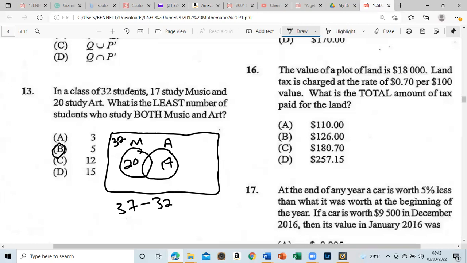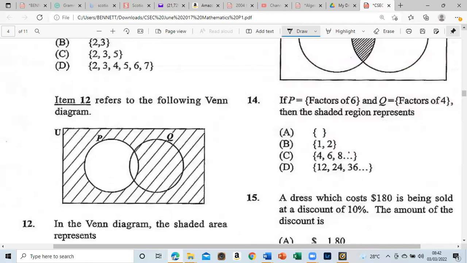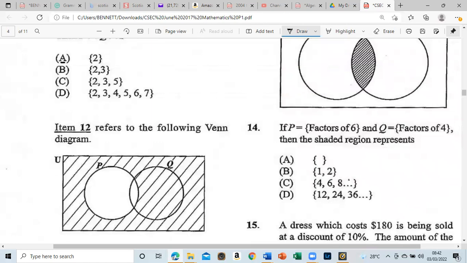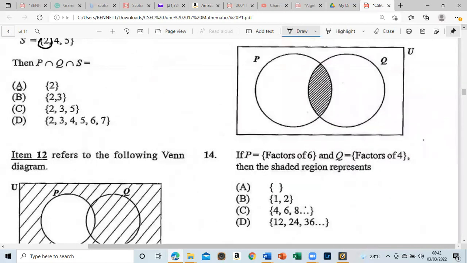All right, let's move on to 14. I think we go up back. If P is equal to factors of 6 and Q is equal to factors of 4, then the shaded region represents. All right, so guys, let's just list the factors. I've done this several times. Factors are numbers that can go into it without leaving a remainder.